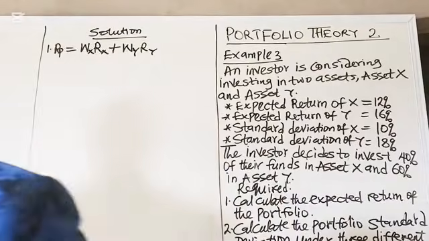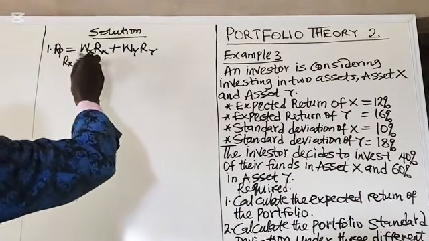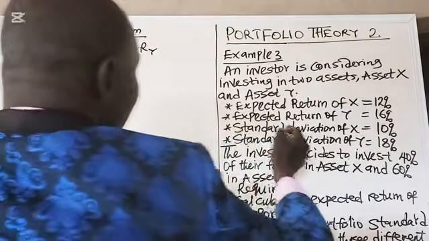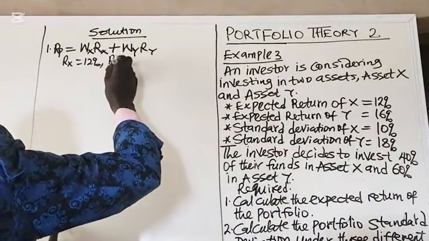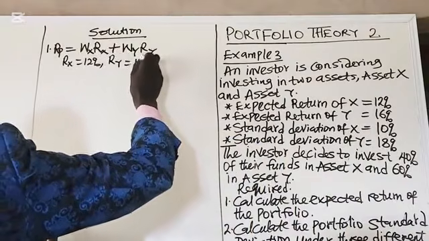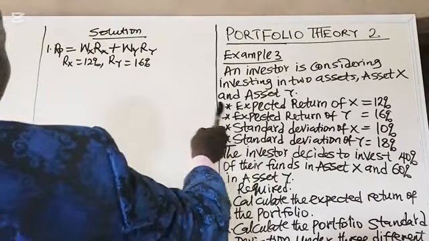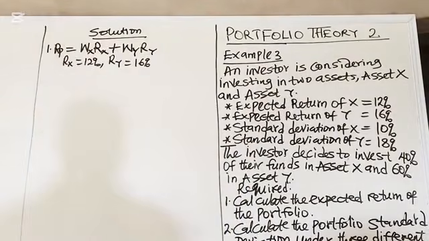That is the return of X. Expected return of Y is 16%. You don't need the standard deviation when computing the portfolio returns.